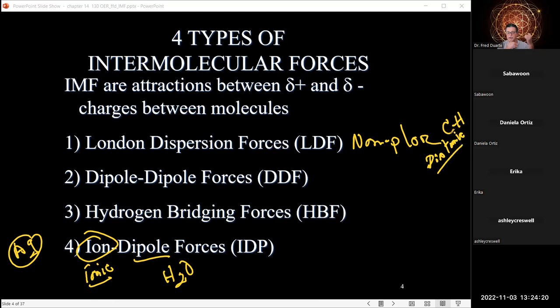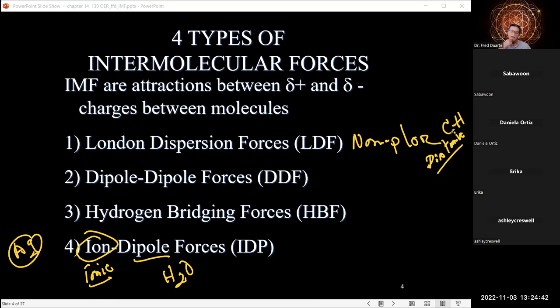Therefore, for those compounds, the only intermolecular force that they have is the London dispersion forces. So the other numbers 2, 3, and 4 have nothing to do with nonpolar molecules.